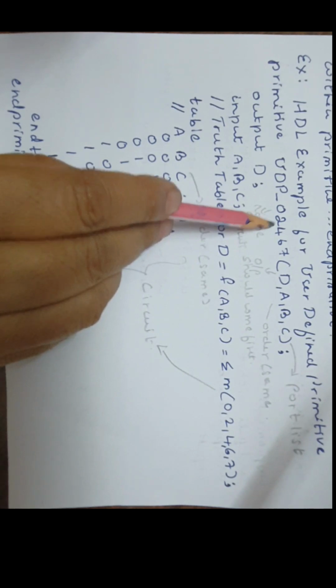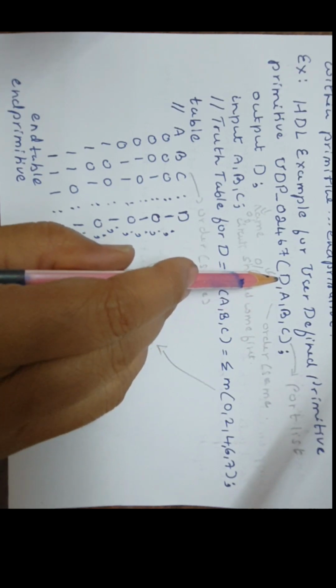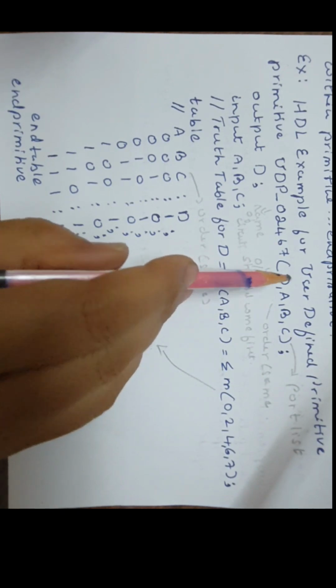In brackets, the list of outputs and inputs will be written, and this is called the port list. This is the name of the primitive, and the writing of the primitive starts here and ends here. In the port list we list all the outputs and inputs, and compulsorily we have to list the outputs first. That is the rule here. And these are the inputs.